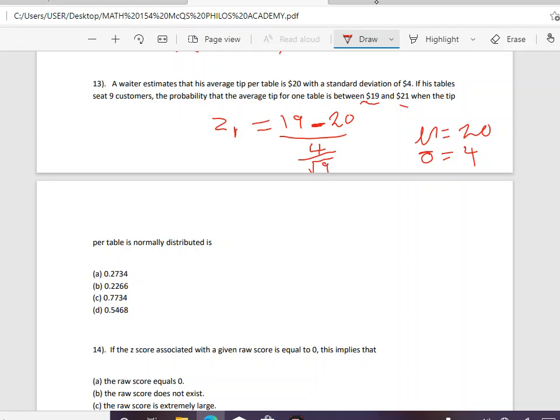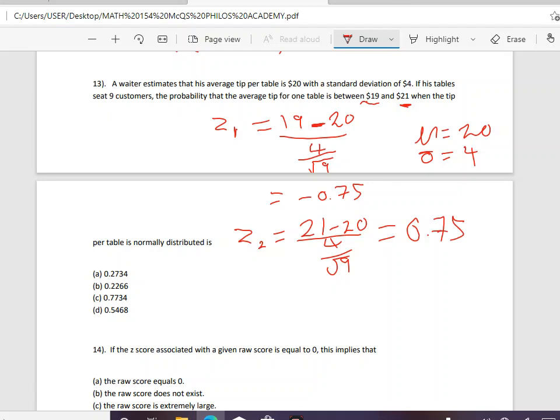When you fix it well, you get negative 0.75. Then you also find a second z. The second sample mean, 21, minus 20, divided by 4 over root 9. When you fix this on your calculator, you get positive 0.75.